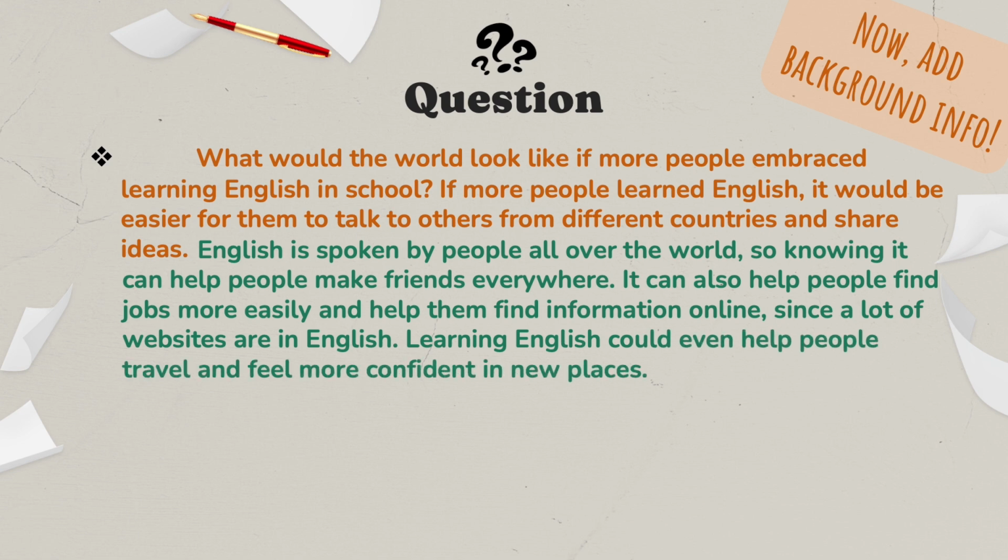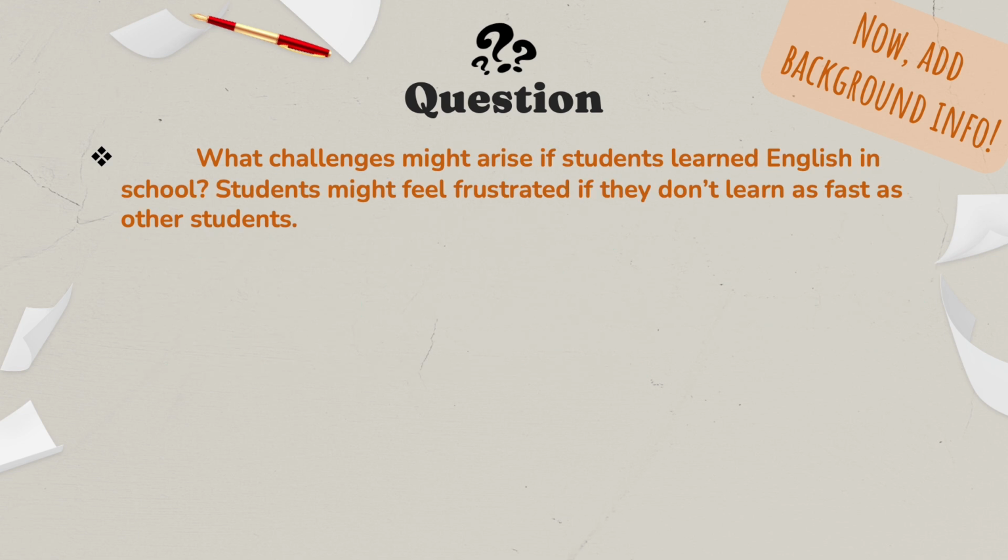It can also help people find jobs more easily and help them find information online, since a lot of websites are in English. Learning English could even help people travel and feel more confident in new places.